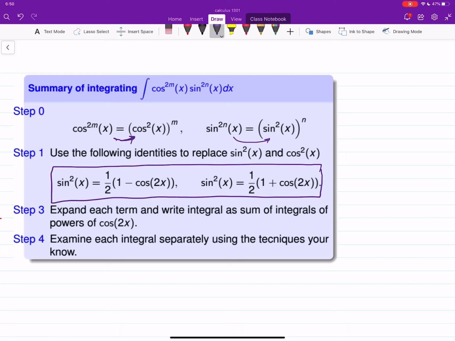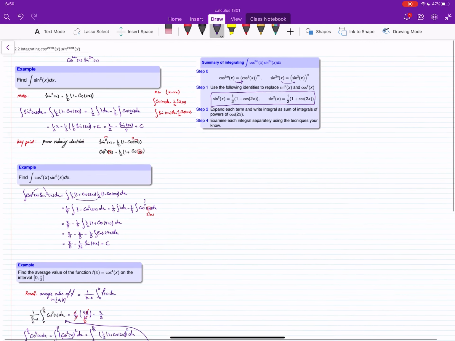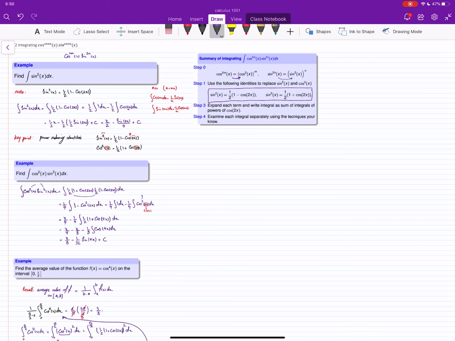Then expand this thing as we did in the example. Expand, and what you will get will be powers of cosine. And then when you get there, you have to go back and apply what you had from before and deal with each one of these guys separately, find the value of each one, and then put it there. Okay? So this way you have all the tools to be able to integrate even powers of sine and cosine when they multiply.